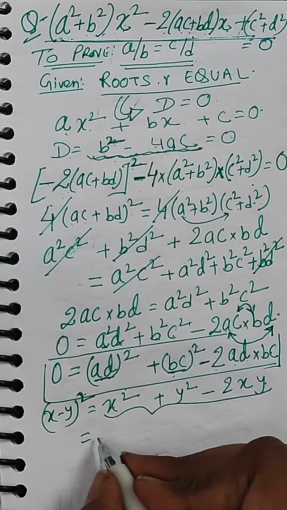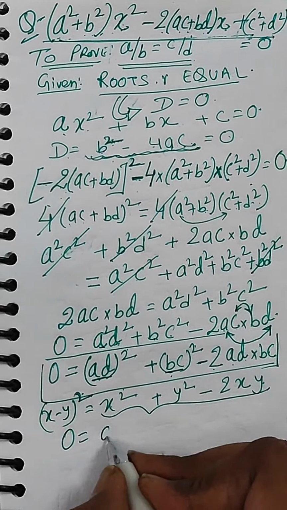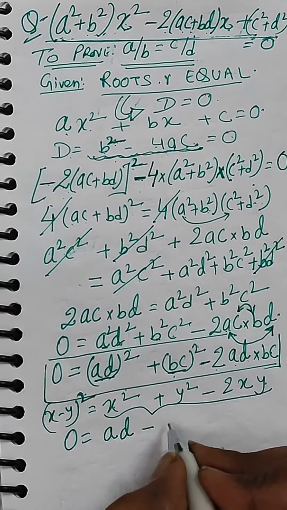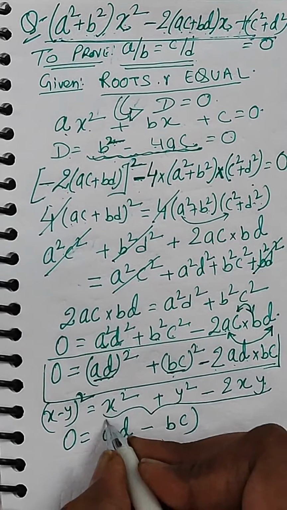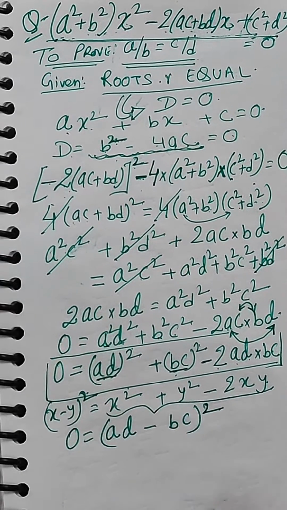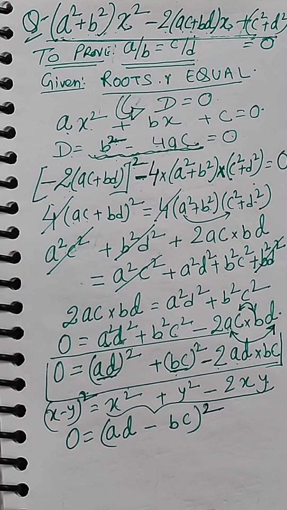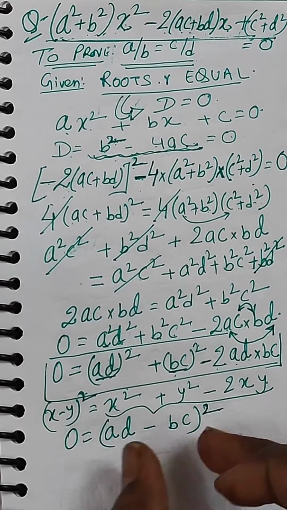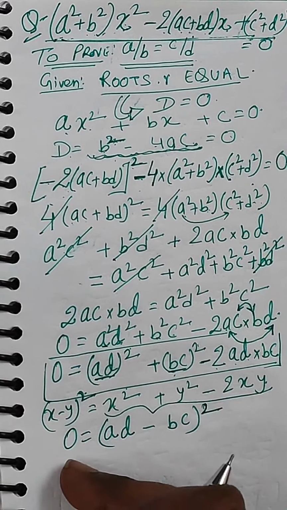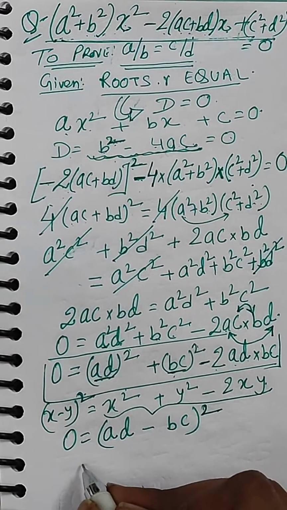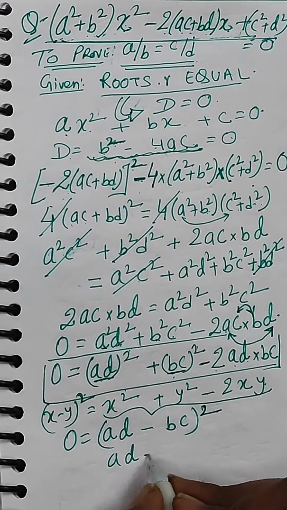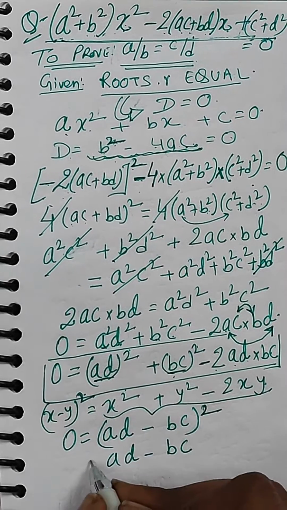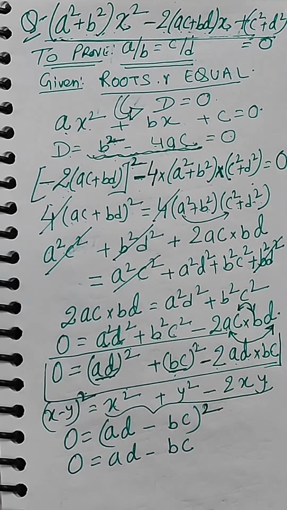So we can write 0 as equal to AD minus BC whole square, isn't it? If you write it like this, then what will happen? Then if this AD minus BC whole square is 0, then we can write AD minus BC is equal to 0, right?